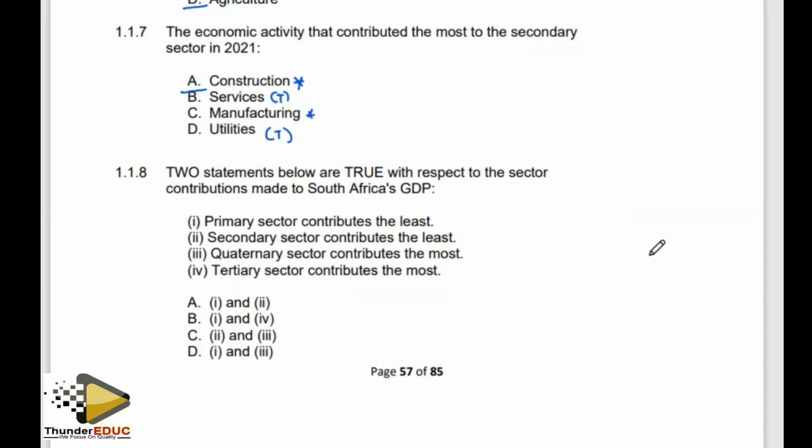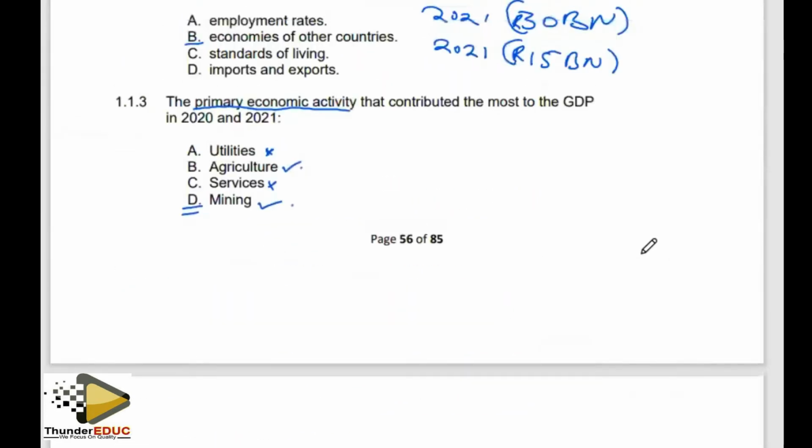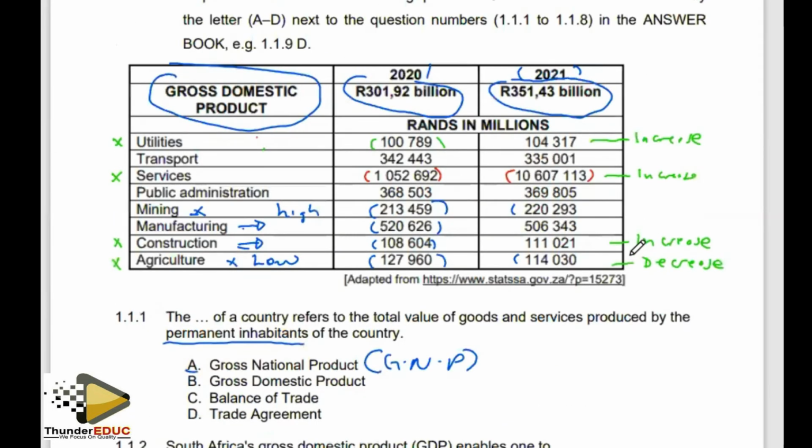All right, let's start to check. They say the primary sector contributes the least. Let's go check on the table. Say the primary sector contributed the least.